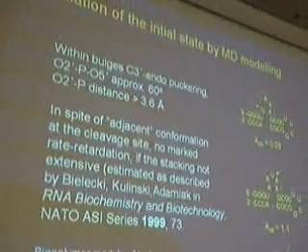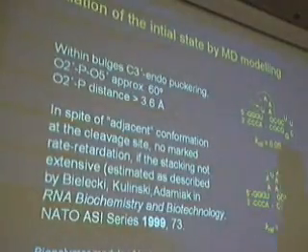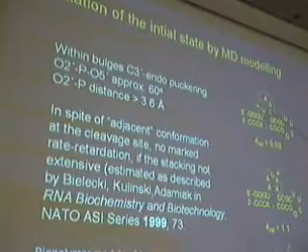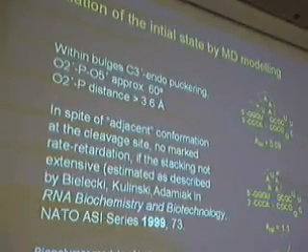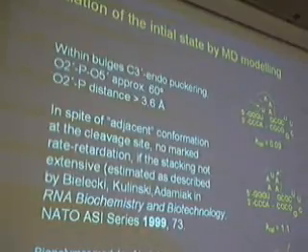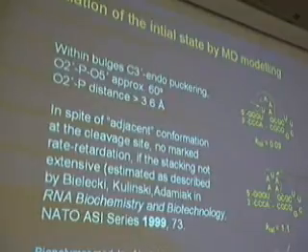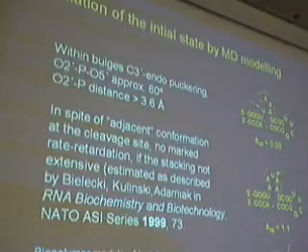Not collinear, not 180 degrees, but 60 degrees. And the distance is quite long. Still, not really any rate retardation. So it means that the initial state geometry doesn't play too much role.